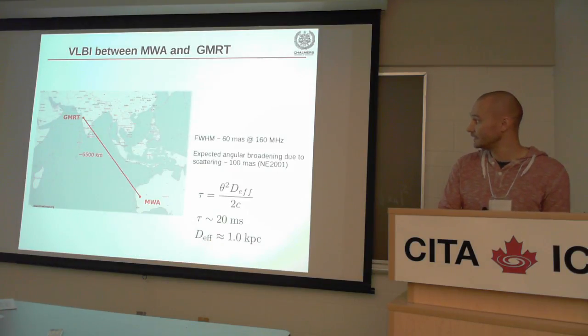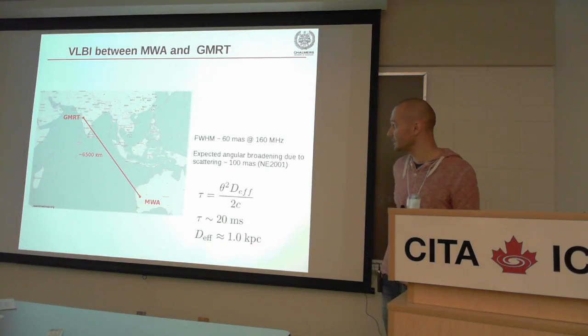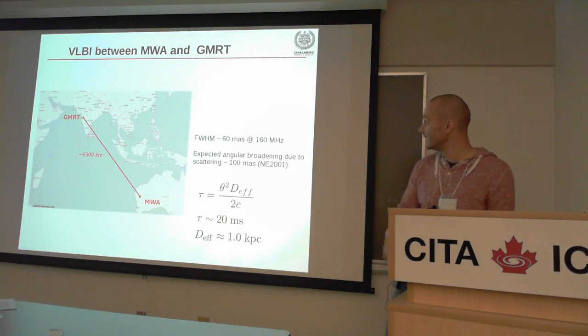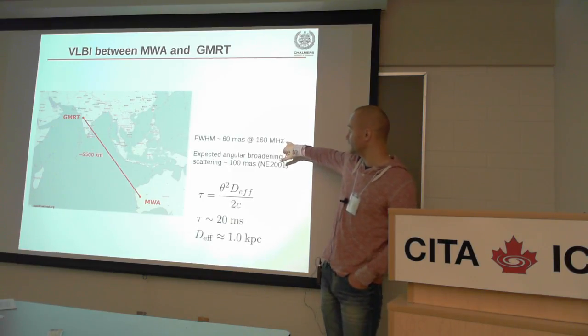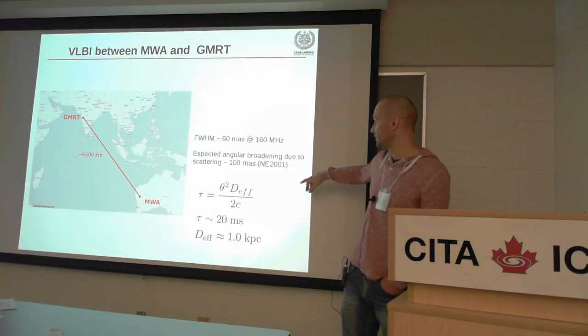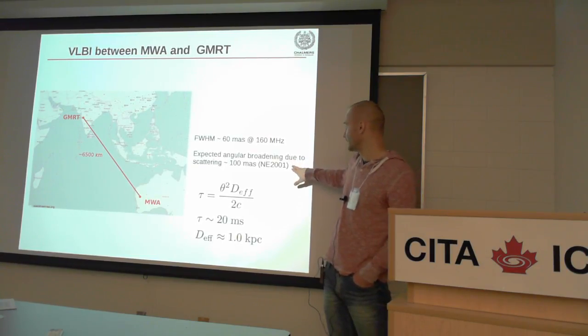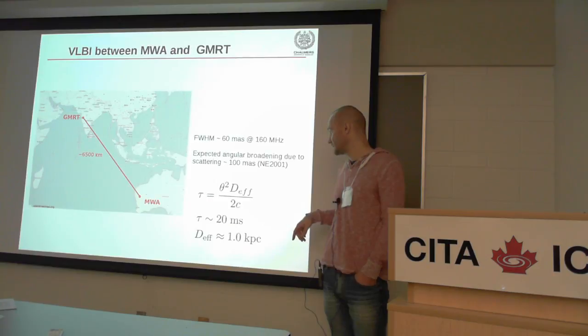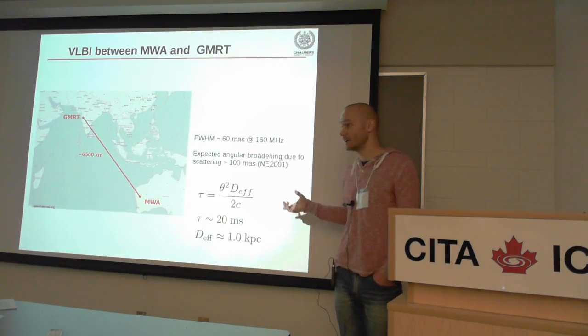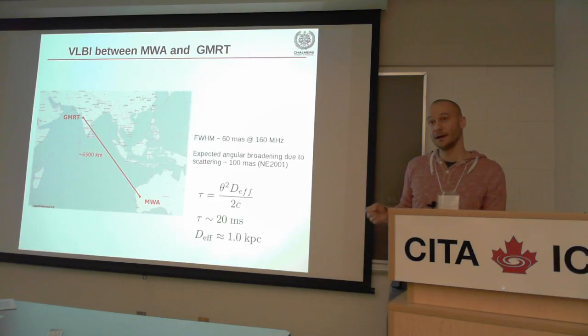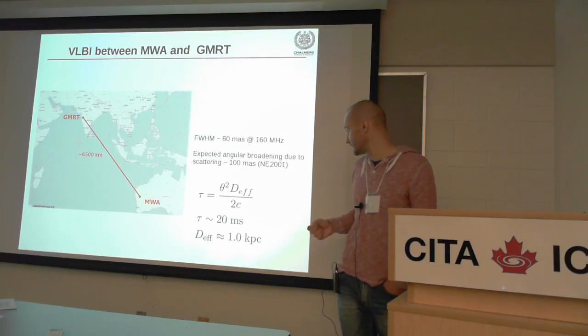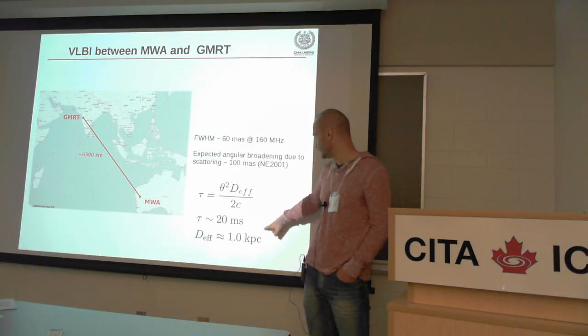So here, just again, we have the 6,500 kilometer baseline, projected about 5,000 kilometers. So at our frequency, we have about 60 milliarcsecond resolution. Scatter broadening expected due to NE2001 is about 100 milliseconds, so we're already expecting to actually resolve the scattering disk. And that was just for me to compare.